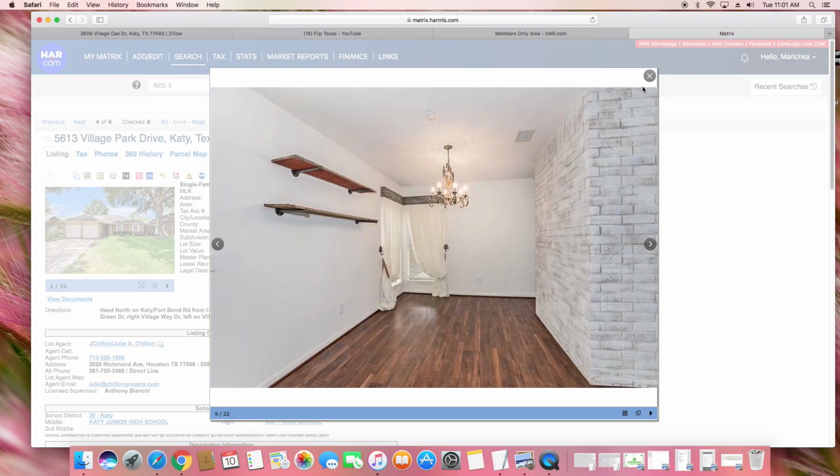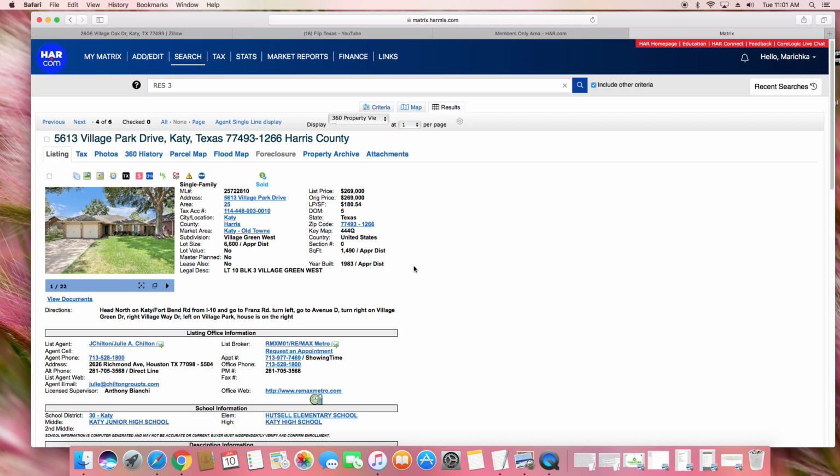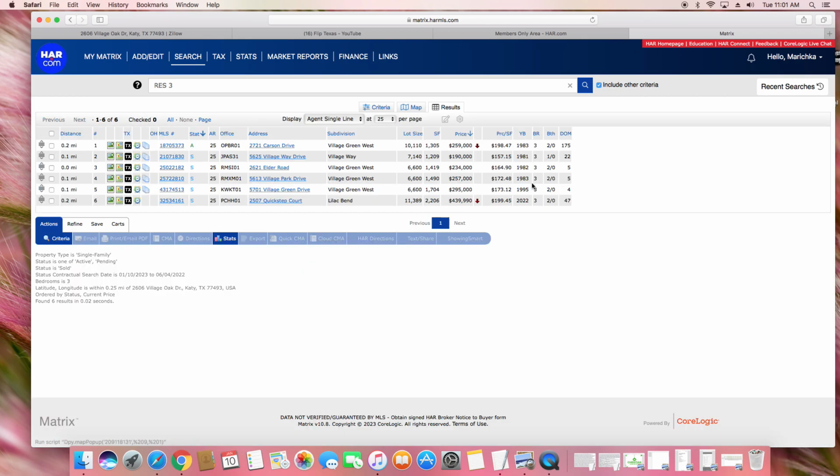Wow, this is a really nice house in a good area for that price. So they listed it at 269. They sold it in 5 days for 257. So you can see that a lot of these properties sold really fast. This one, 257. It's a little bit smaller than our property.